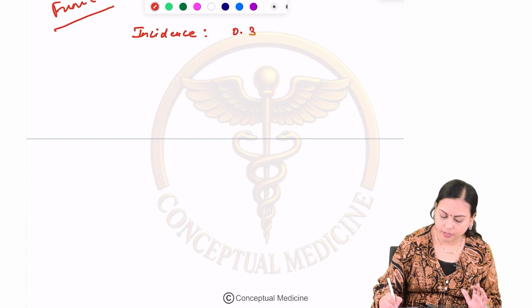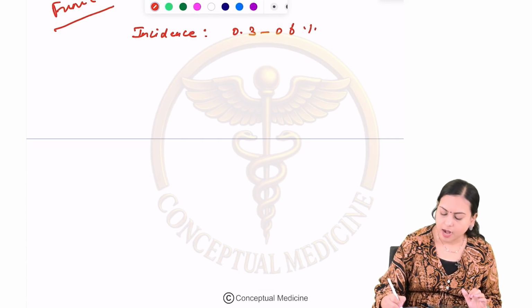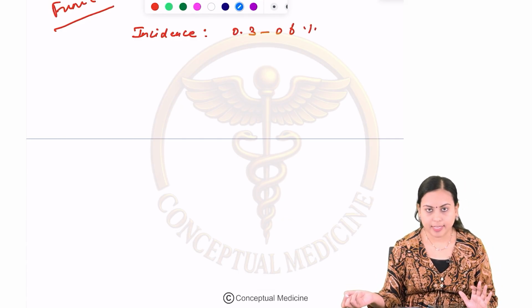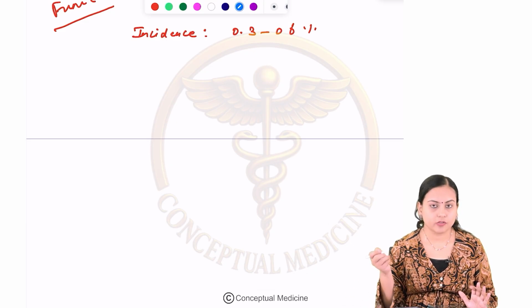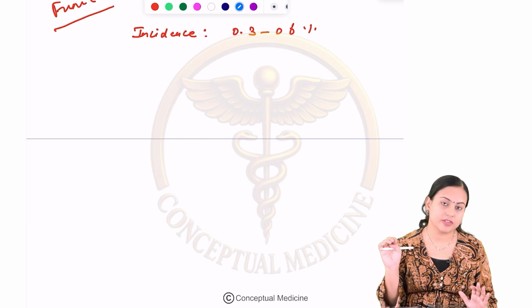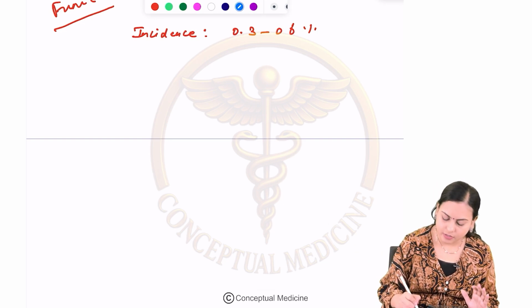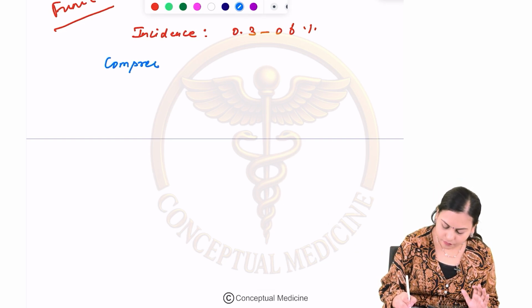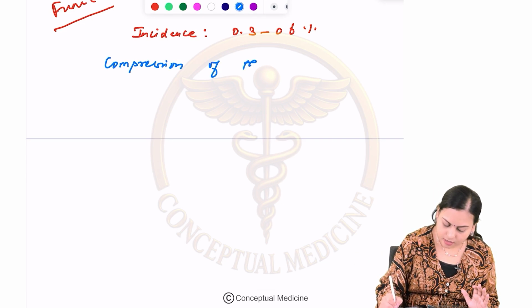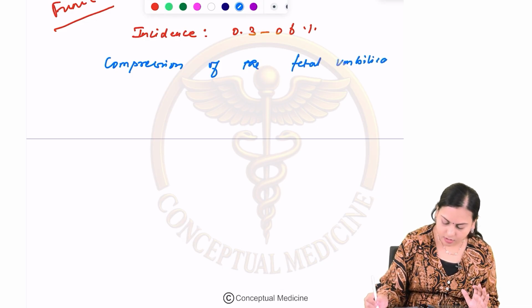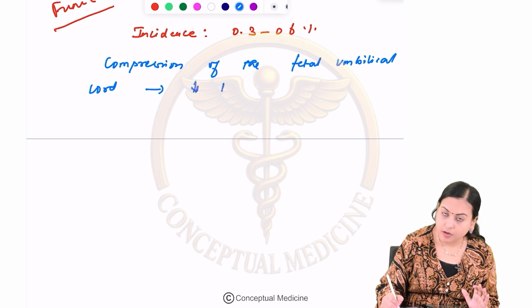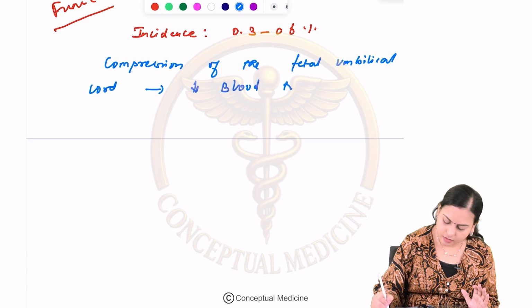Now, if you see the incidence of cord presentation, which is also known as funic presentation, it is going to be around 0.3 to 0.6%, and the most important complication you can expect is as the fetal head is trying to descend, it is going to compress the fetal umbilical cord, right. So, there is compression of the fetal umbilical cord. So, that will result in reduced blood supply to the fetus.